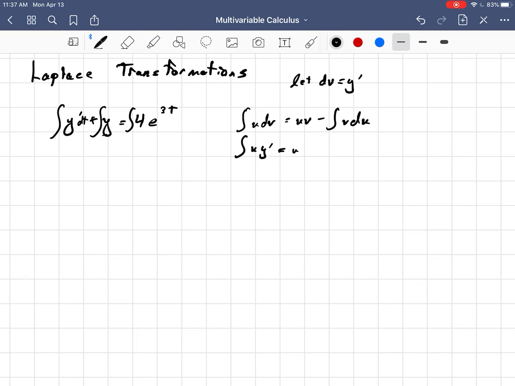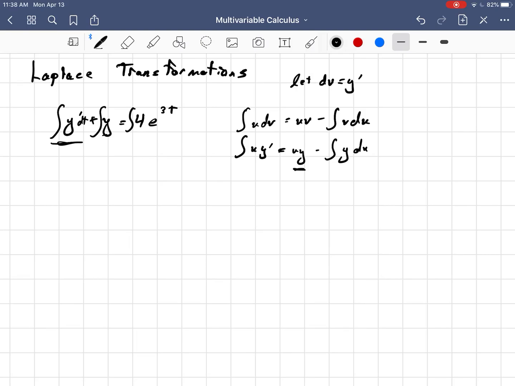So we have the integral of u y prime is uy minus the integral of y du, whatever du is. So we pick dv to be y prime, and so now when we integrate both sides of our differential equation, we'll have everything in terms of the integral of y, except for this y here, which I'm going to get to.